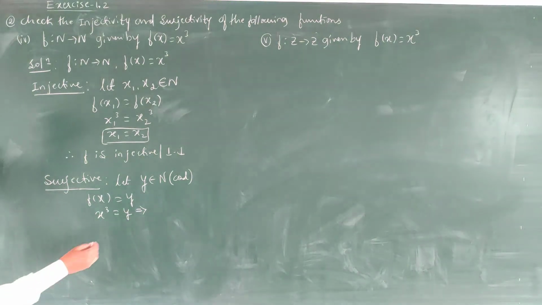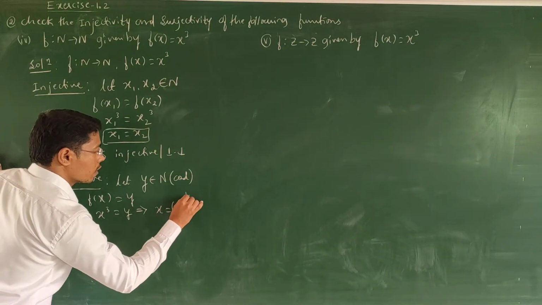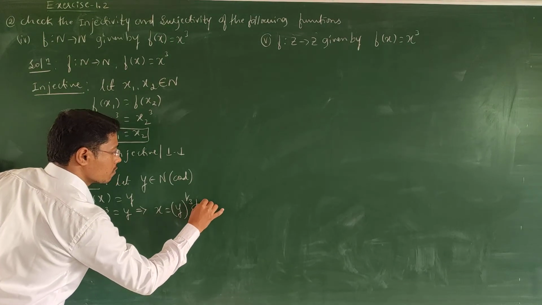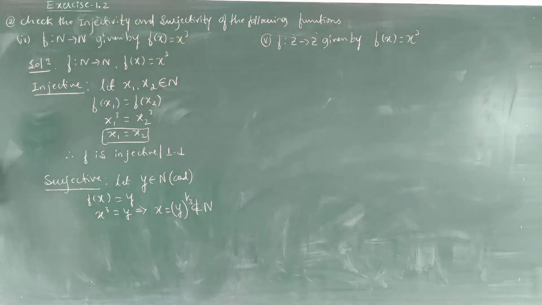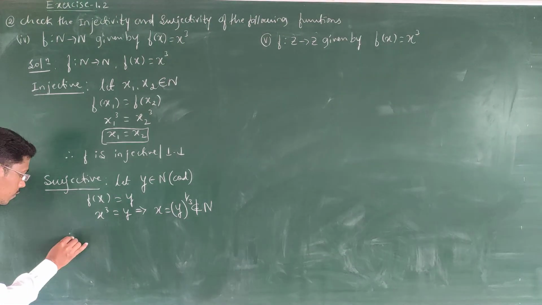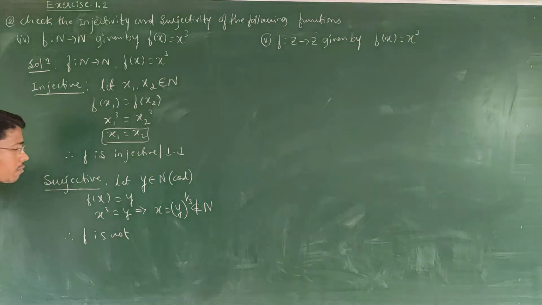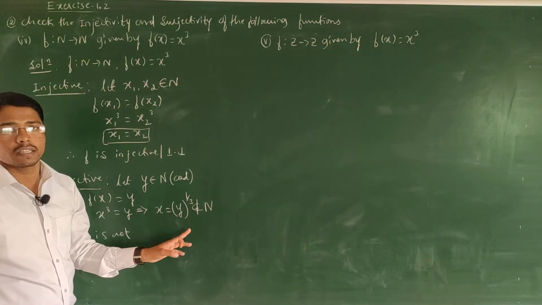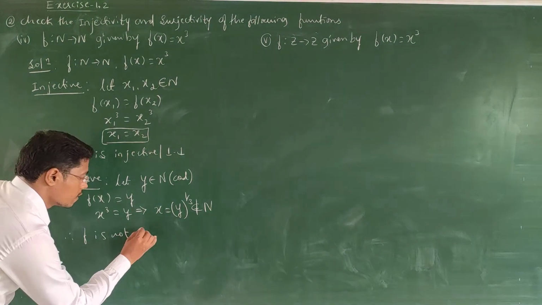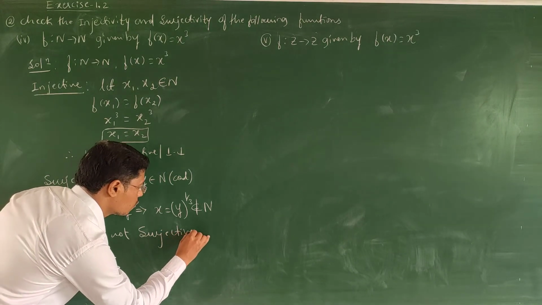This implies x is equal to y to the power 1 by 3. This doesn't belong to the set of natural numbers. Therefore, f is not surjective.